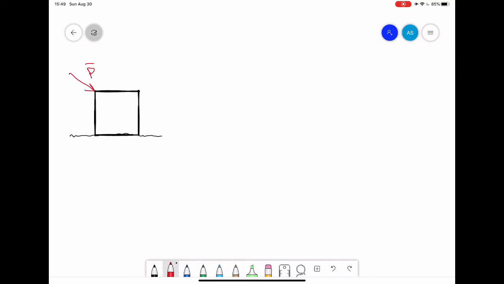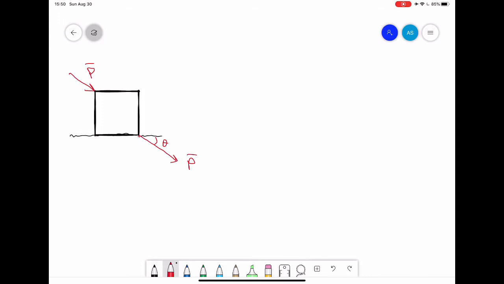So that means we can transfer this force in such a way that it's here, at this angle theta from the horizontal, below.